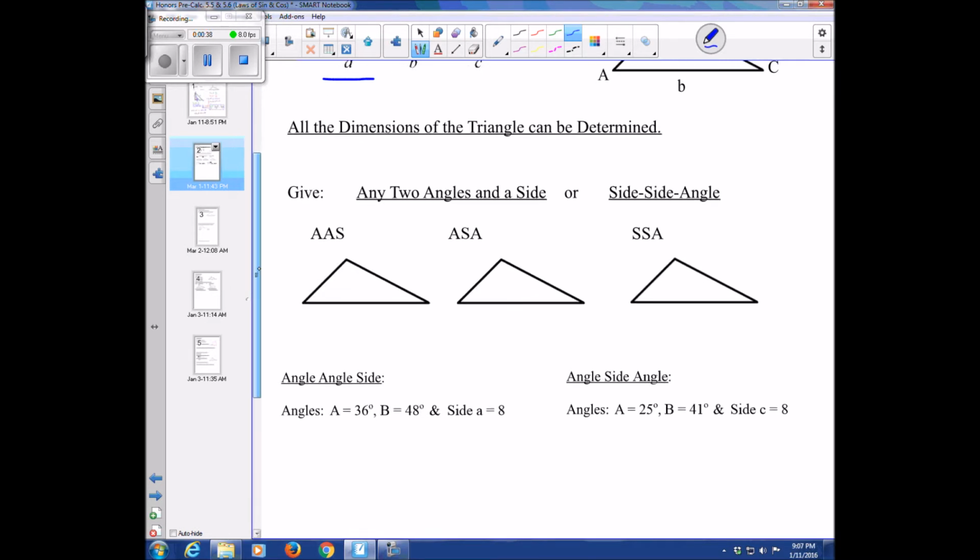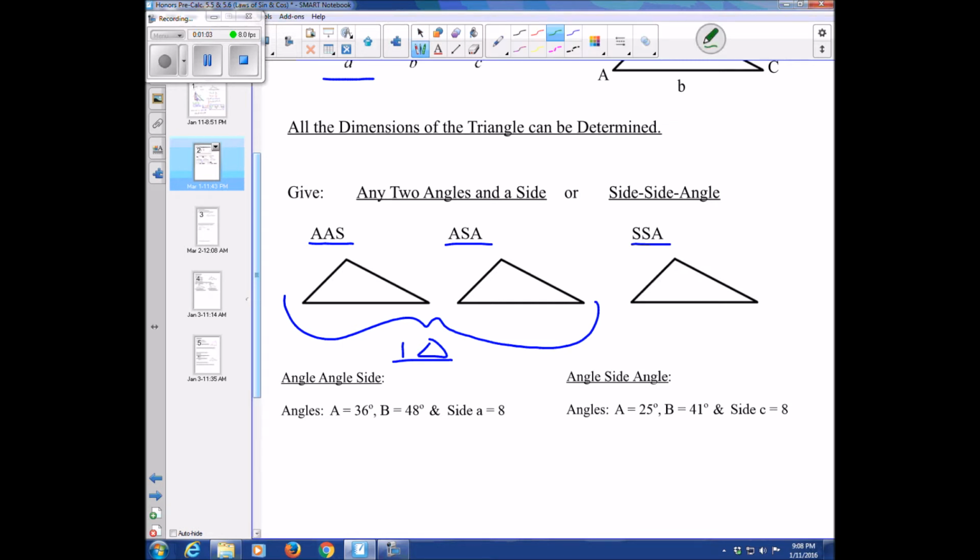And we can do this in three scenarios: when we have angle, angle, side; angle, side, angle; or side, side, angle. Now angle, angle, side and angle, side, angle are both congruence relationships for triangles. So basically what that means is they're going to define one triangle, and we're always going to be solving for the dimensions of one triangle.